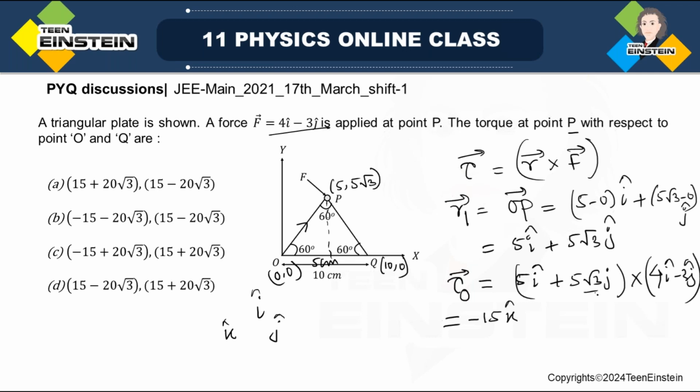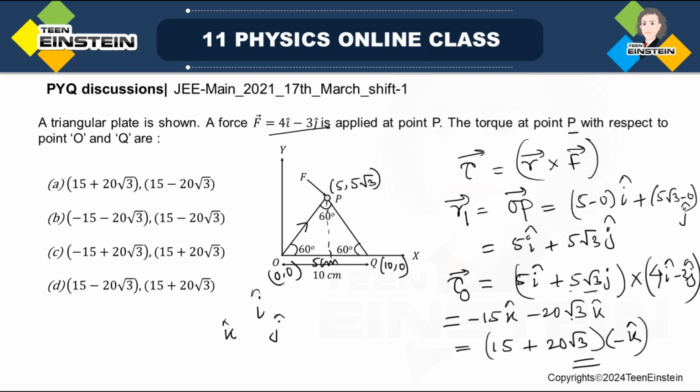Similarly, j cross j will give you 0, but this will give you 20 root 3, and j cross i is again minus k cap. So I get 15 plus 20 root 3 into minus k cap. So this will be the torque in the minus k cap direction.